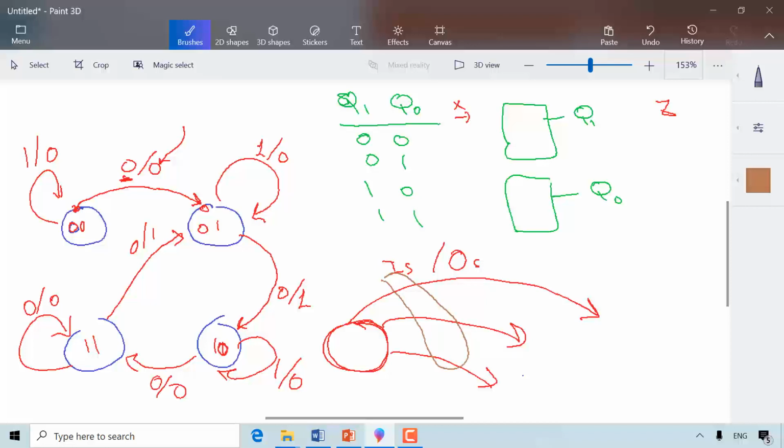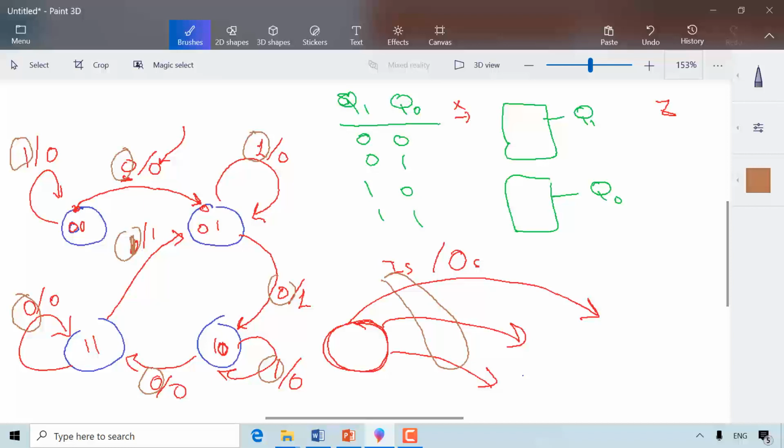If I have input X, then I'll have two arcs: when X is 1 and when X is 0. This probably should be 1 here. So the number of arcs, or transitions, leaving the states equals the number of input combinations.